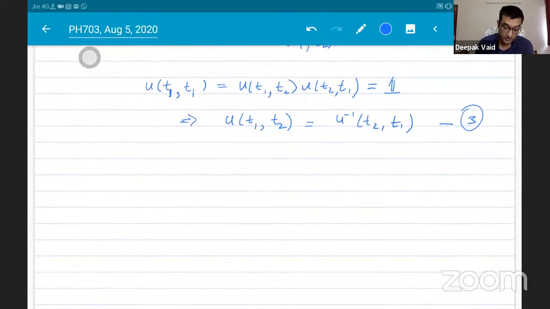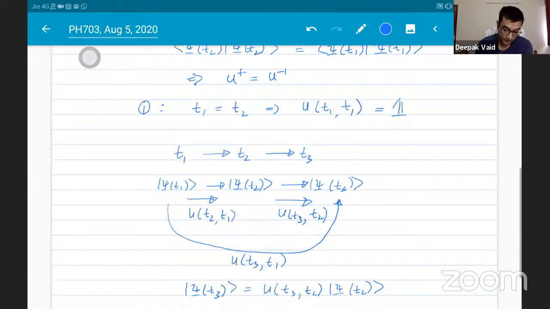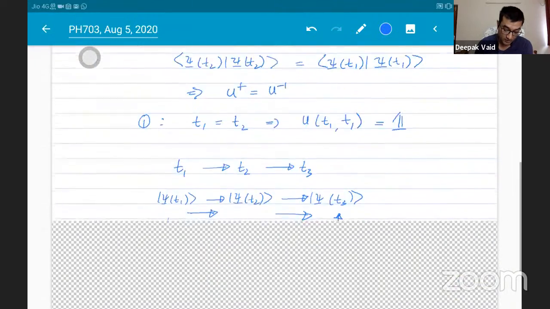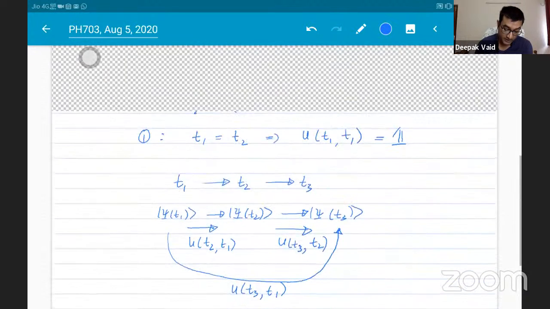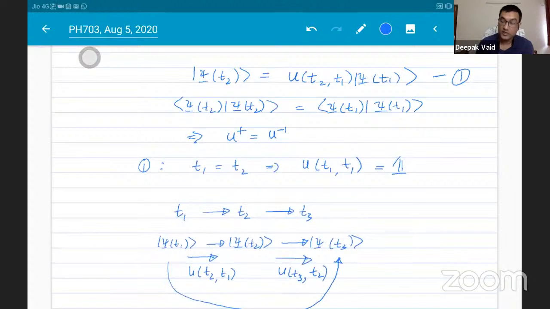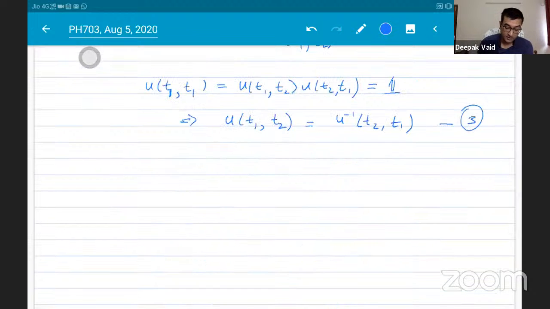Now we remember this property of these operators. We require them to be unitary, right? Well, that is a requirement which just comes about because we want to say that the total probability of all the outcomes adds up to 1. Probability should be conserved.